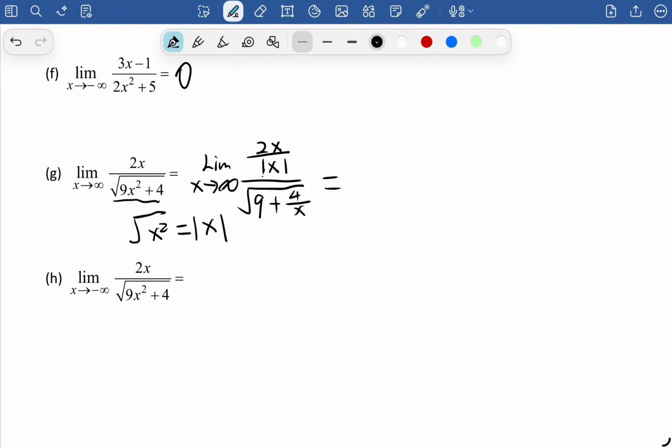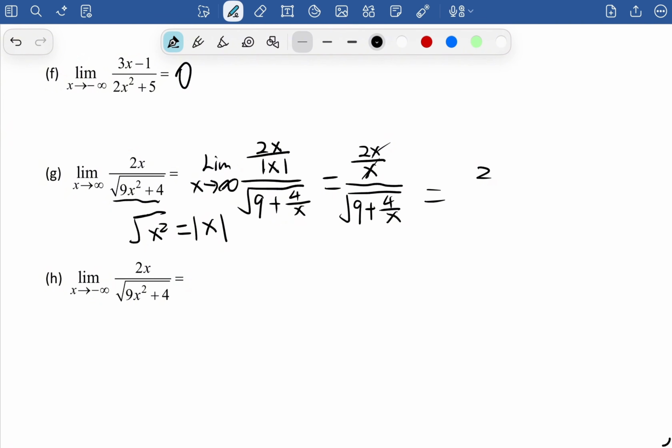But what about this? Since x is approaching infinity, it's going to be a positive value, right? So we can remove the absolute value sign: 2x divided by x, because it's positive, over the square root of 9 plus 4 divided by x. The x cancels out.